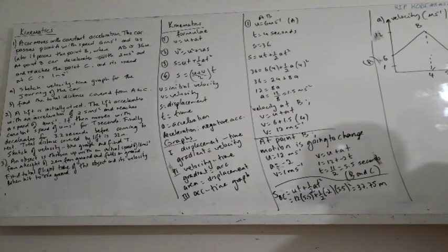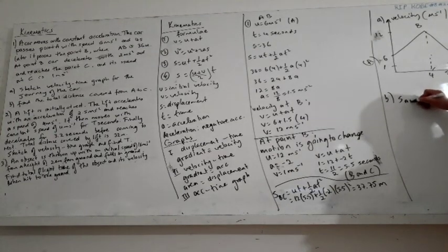Find the total distance covered. Either we can calculate by area under the velocity time graph, or we already know the displacement between A and B, and we already calculated the displacement between B and C. So the total distance covered by the car is 36 plus 37.75, that makes 73.75 meters.